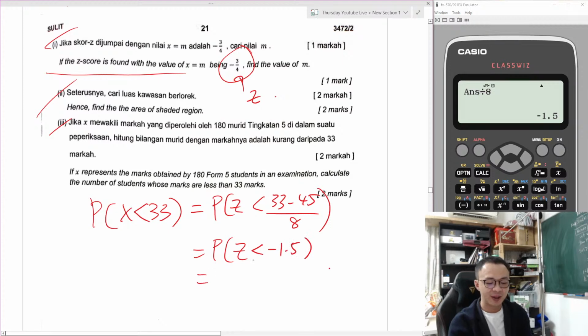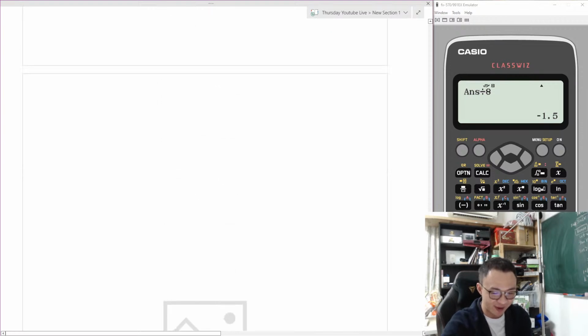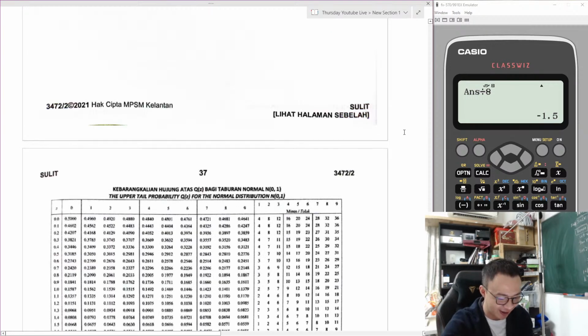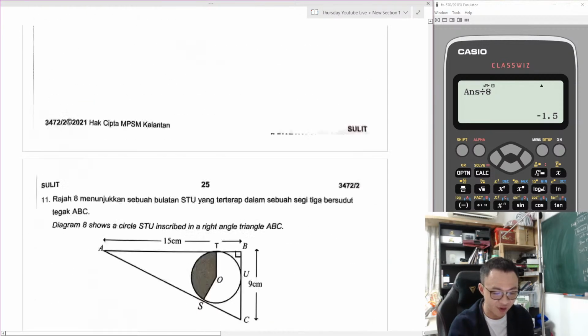Like, if you watched my previous video, I already explained when you see less than and negative together, you can change it into the bigger, because both sides are symmetric. So this one you can find from the table. For 1.5, I believe they provide a table here. This one should be 0.0668.